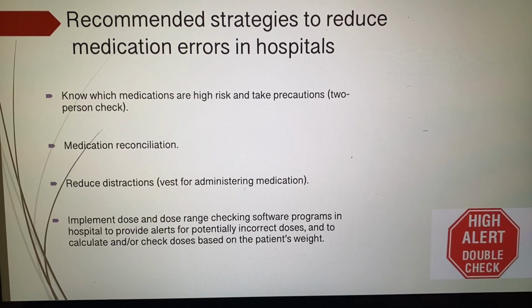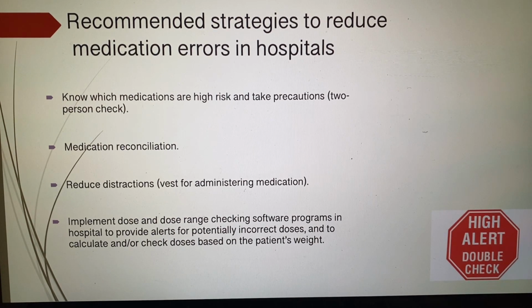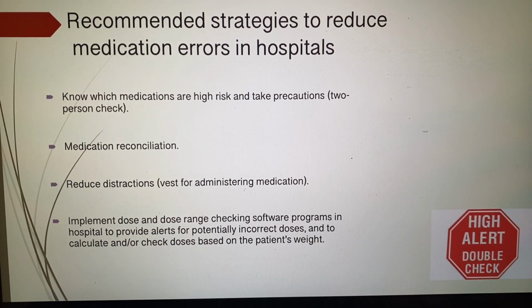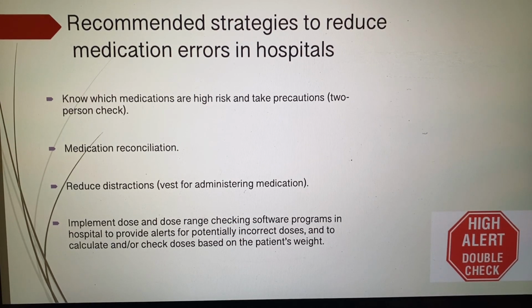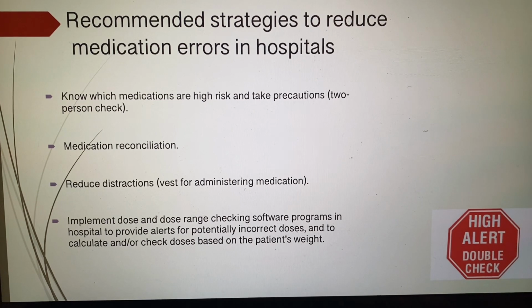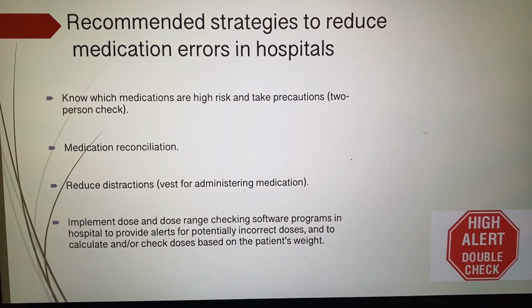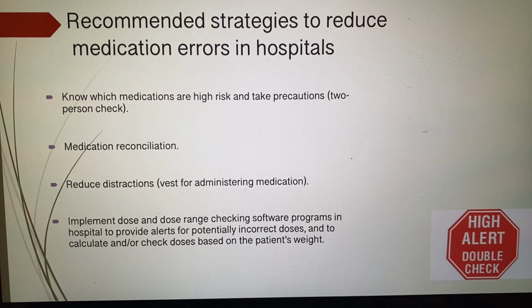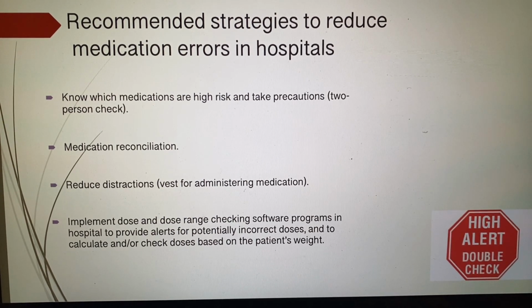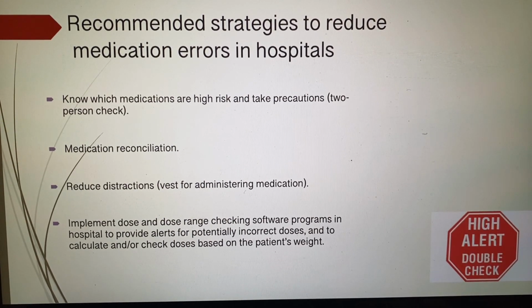Know which medications are high risk and take precautions. High risk medications need to always be double checked with another nurse. Medication reconciliation can be done with the patient or the caregiver and the family. Reduce distractions. This can be done by wearing a vest that has inscriptions on it stating "Do not disturb."